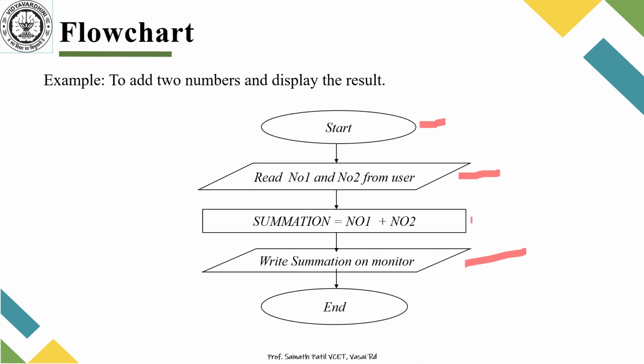And this is the rectangle, that is the processing box where the actual task of our program or algorithm, to add two numbers, is done. So sum equals number one plus number two is represented in this box. And the sum that is generated is written in the output box. And again an oval is used to end. So this is a small example of a flowchart to add two numbers.